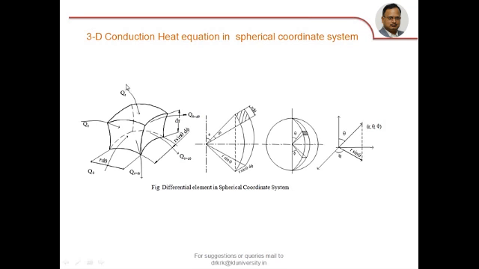You can observe here, this is the radial direction Q r, and this is leaving Q r plus dr at a distance of dr, and this is the heat entering in theta direction Q theta, and heat leaving at a distance of r sin theta d phi is say Q at theta plus d theta, and this is the heat entering in Q phi direction, and the heat leaving is at Q phi plus d phi.